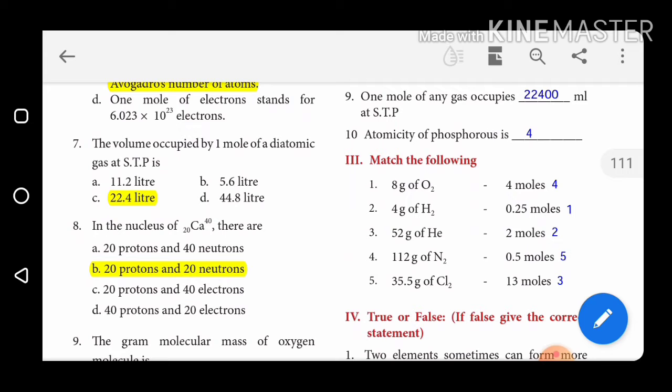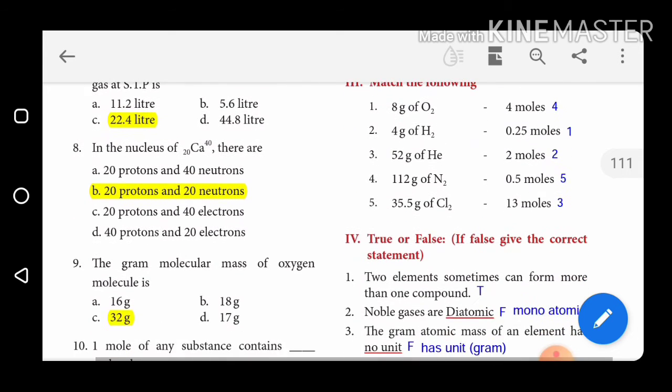22.4 liter. Eighth one, in the nucleus of calcium, Ca, the mass number and atomic number are 40 and 20. There are 20 protons and 20 neutrons.